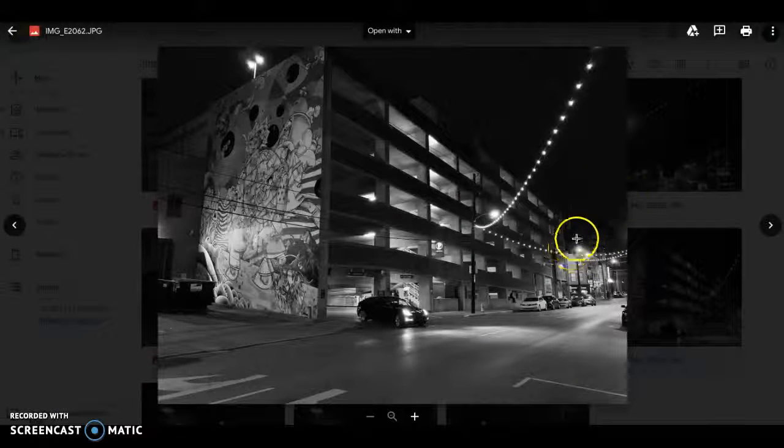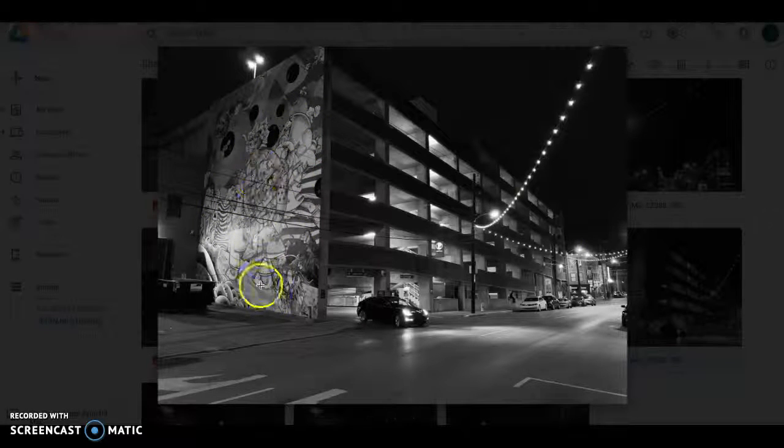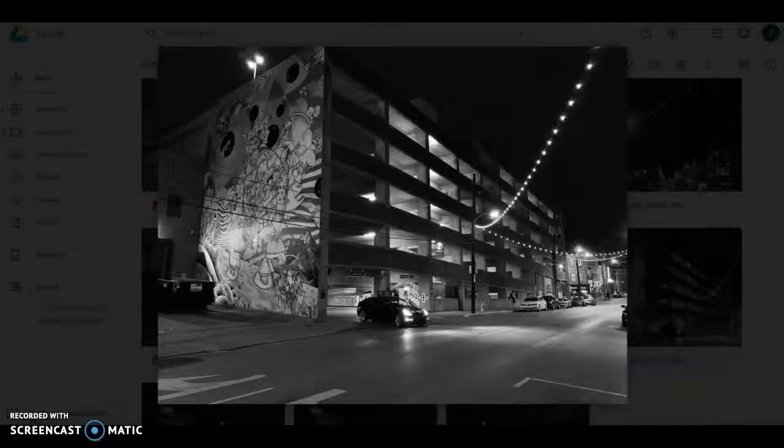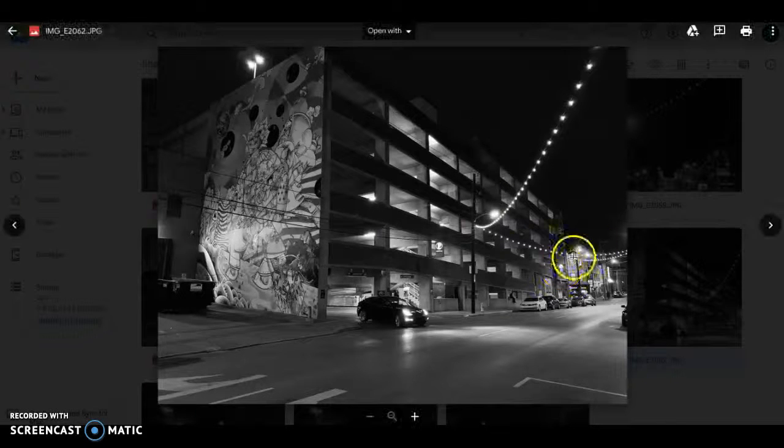This photo also demonstrates great principles of design and photography. Again, the street lamp here with the string lights going across really just makes the eye travel. And then here we have street art, which is a very interesting thing to capture, and then you have the car coming out of the parking garage, so it's showing real life people going about their day.